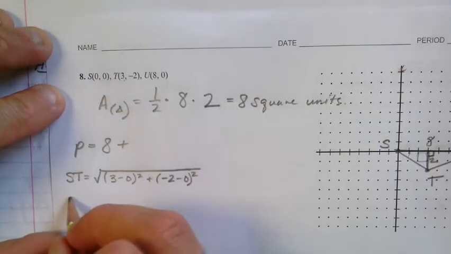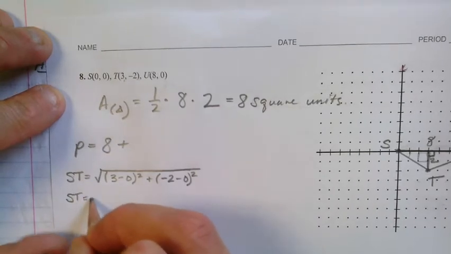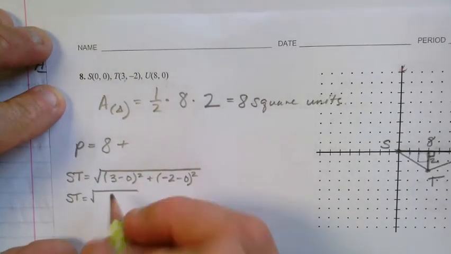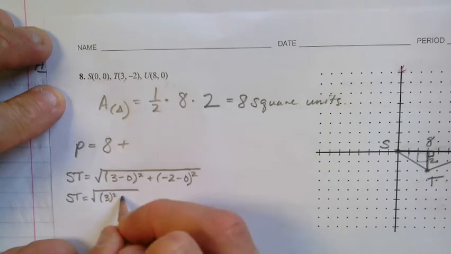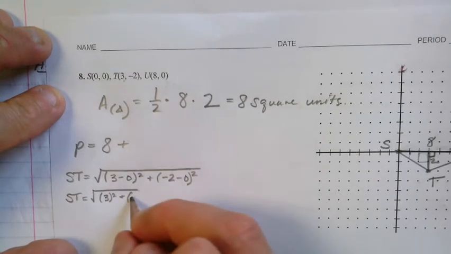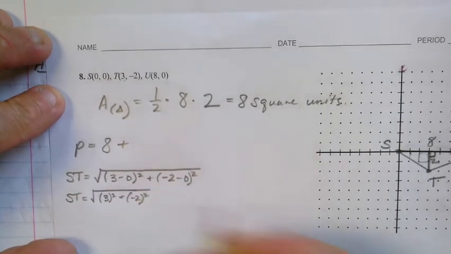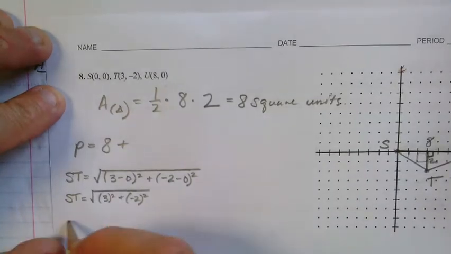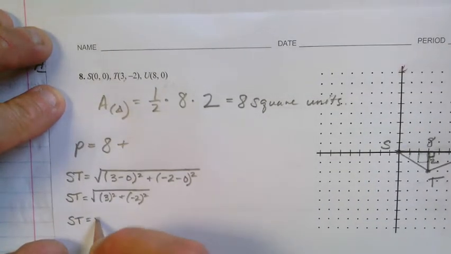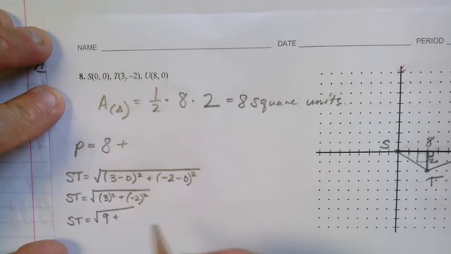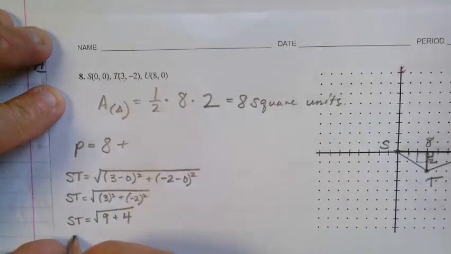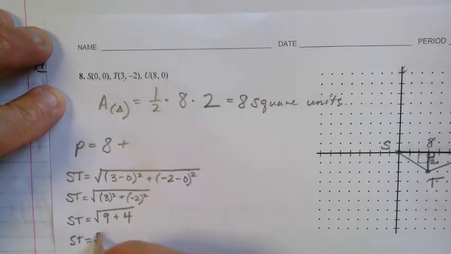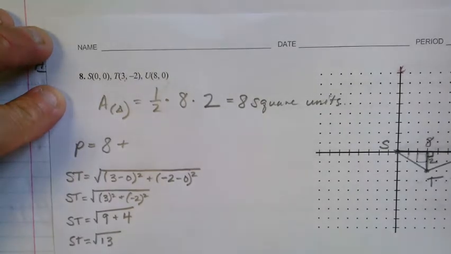So if I work this out, we're looking at 3 squared, and negative 2 squared. Now, 3 squared is 9. Negative 2 squared is positive 4, so ST has a length of the square root of 13.